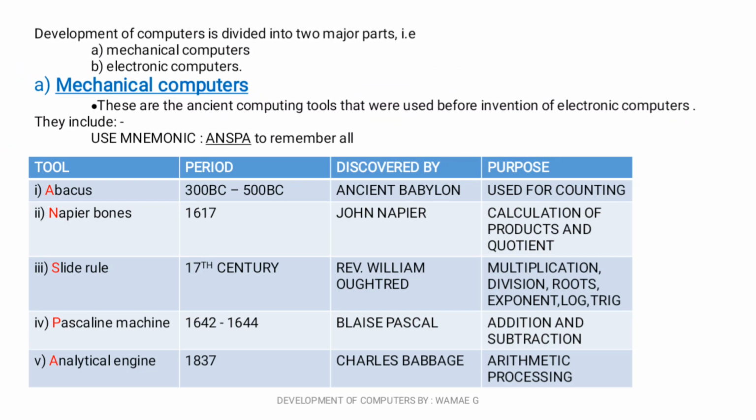Development of computers is divided into two major parts: A, mechanical computers, and B, electronic computers. Mechanical computers, we start with that one. These are the ancient computing tools that were used before invention of electronic computers.